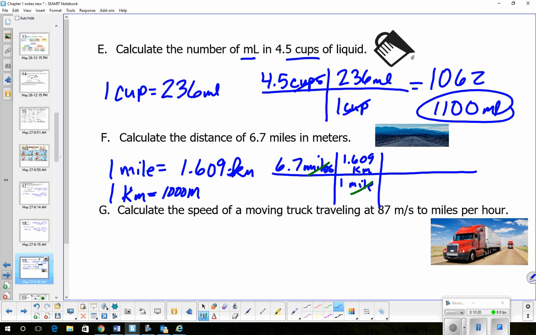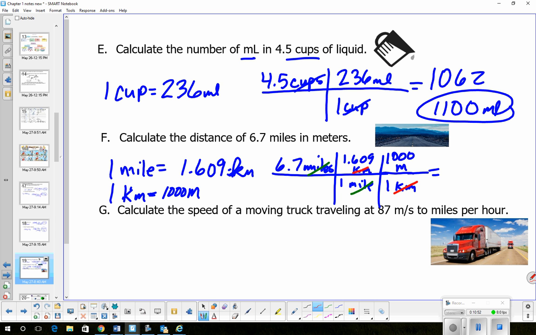So we want 1 kilometer on the bottom and 1,000 meters on the top. Kilometers cancel. Okay, so this one I have 2 significant figures. How many significant figures here? 4. This one is an exact, so I don't count it. So we're going to report 2.